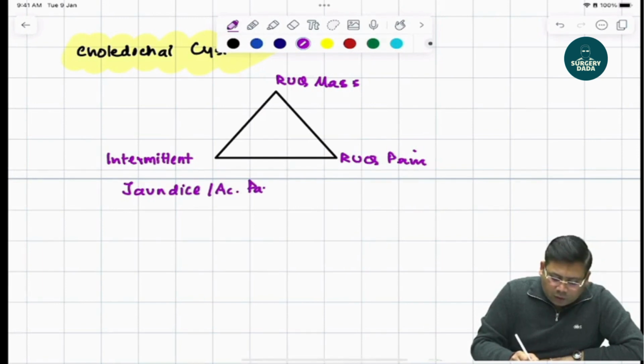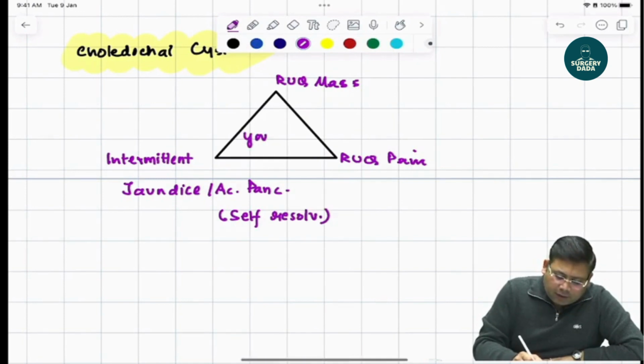So this acute pancreatitis, the logic is it is self-resolving, and in a young female.